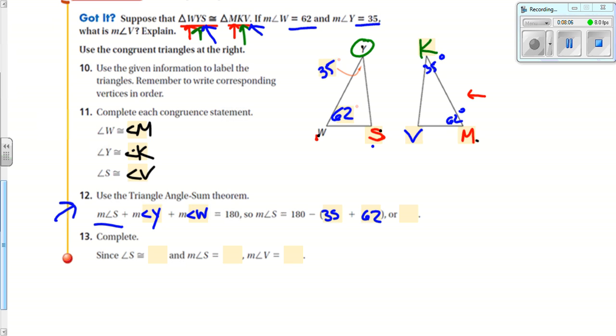When you add 35 and 62, you get 97. And when you subtract that from 180, you get 83. So the angle of S and V is 83 degrees. Down here, since angle S is congruent to angle V, and the measure of angle S is 97, the measure of angle V has to be 97.